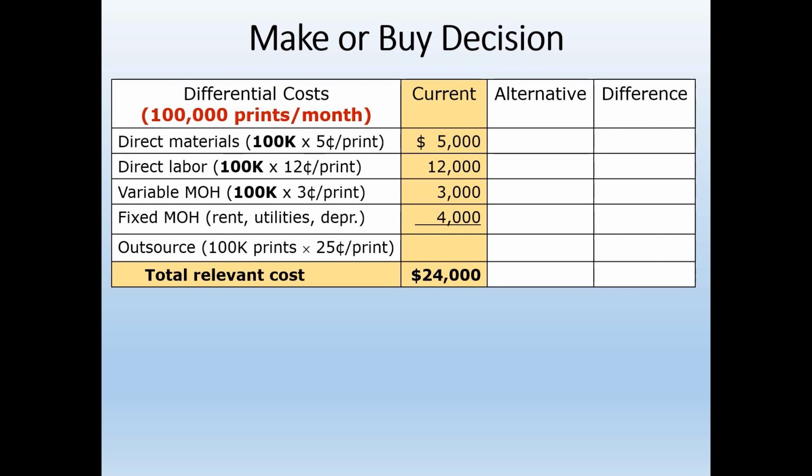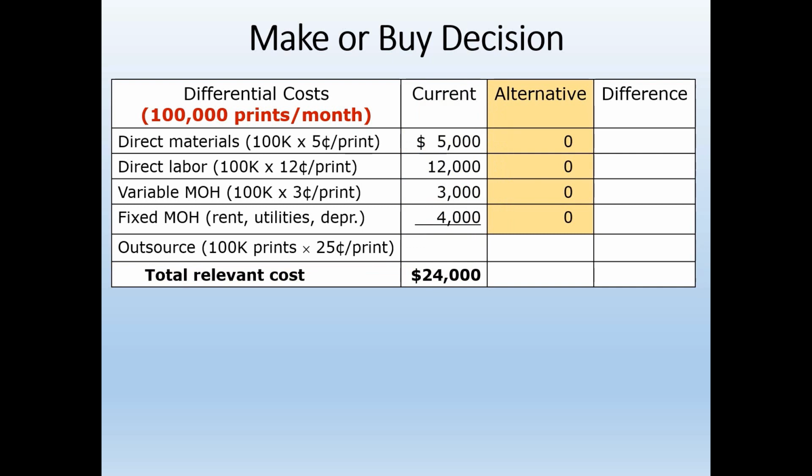Its variable manufacturing overhead would be 3 cents per print times 100,000 prints. Its fixed manufacturing overhead is fixed. That would still be $4,000 for a total of $24,000.